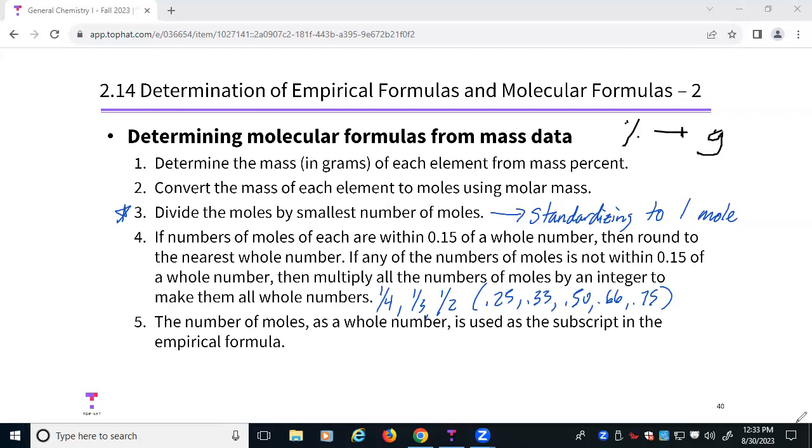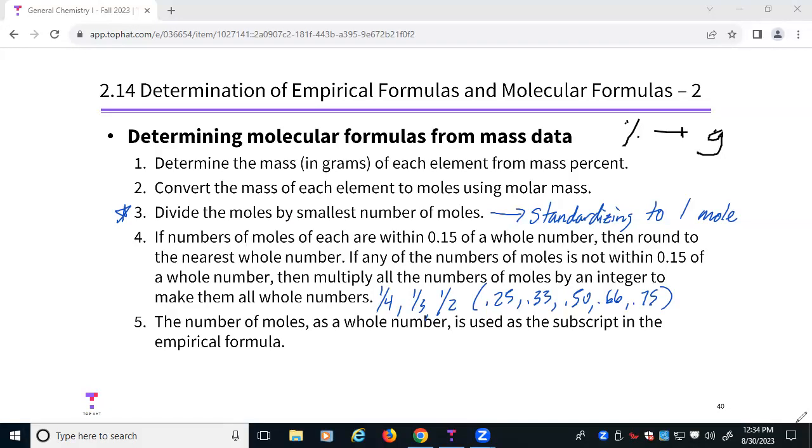And chances are, if you got a 1.75 to 1 ratio for your copper sulfide, it probably just means that you didn't burn out all the sulfur. It should actually be 2 to 1. So with that experimental data that we're working with in lab, we're going to be a little bit more loose with our estimation and our rounding.